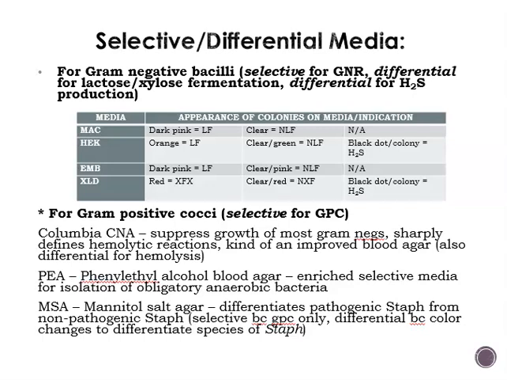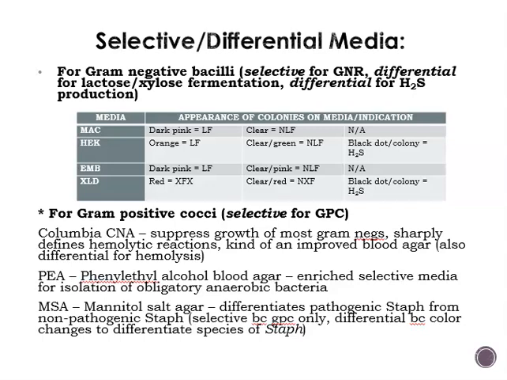PEA is an enriched selective media for isolation of obligate anaerobes, and then MSA, or mannitol salt agar, differentiates. So it's selective for gram-positive cocci, but it also differentiates pathogenic staph organisms from non-pathogenic strains of staph.